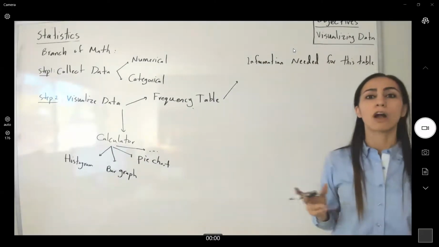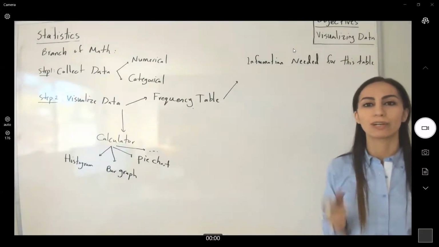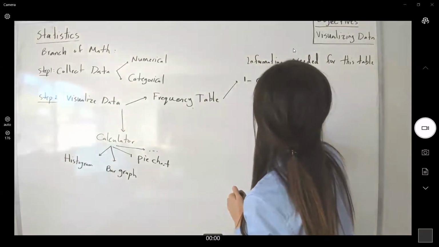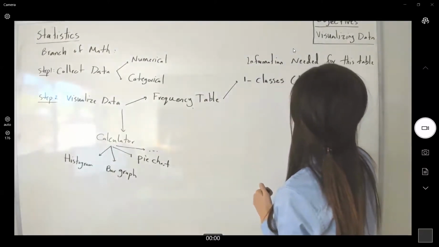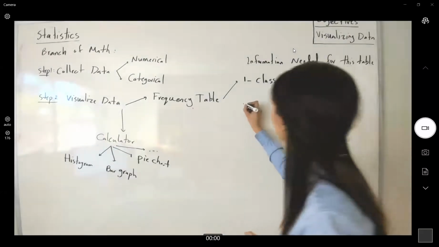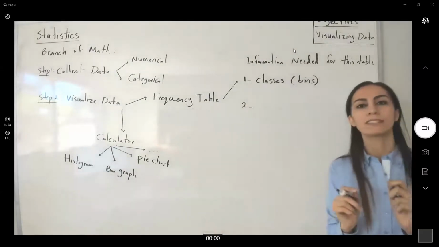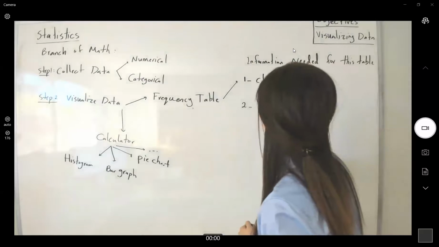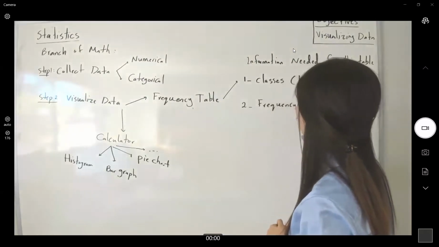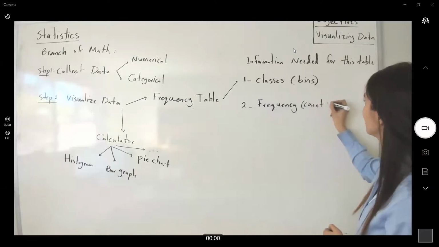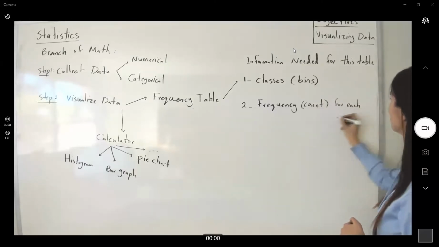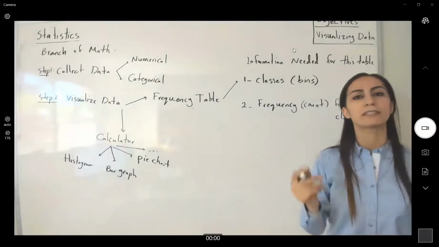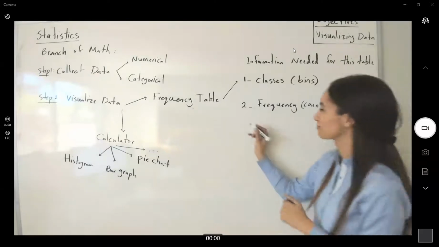First of all, you need to construct classes or bins. You need the frequency or count for each class. We need to find the midpoint for each class.